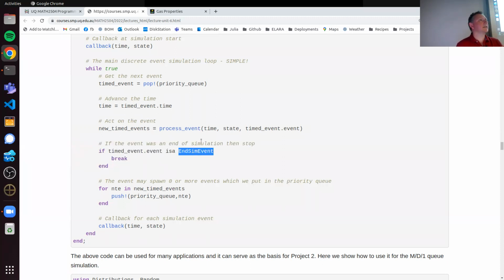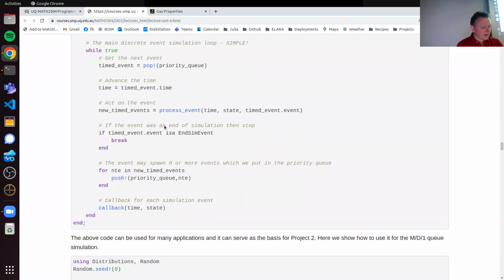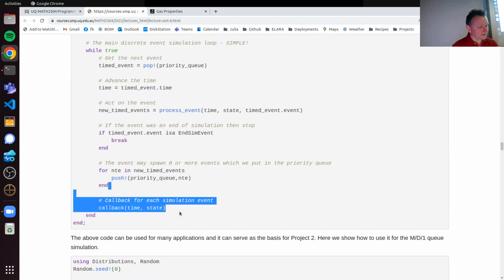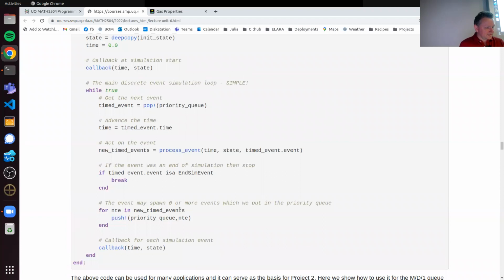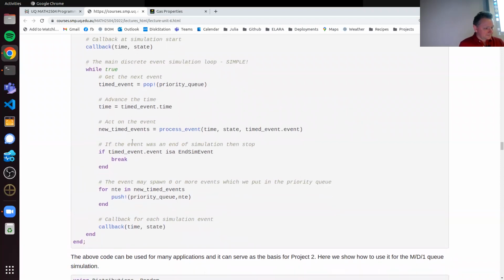This is a special case built into the logic here. If it is, we end the simulation. Then for all the events that were returned, we put them in the queue. We call the callback, which shouldn't really do anything to the simulation state. If you want to record some statistics, now's a good time. And then we repeat until we get an NSIM event.